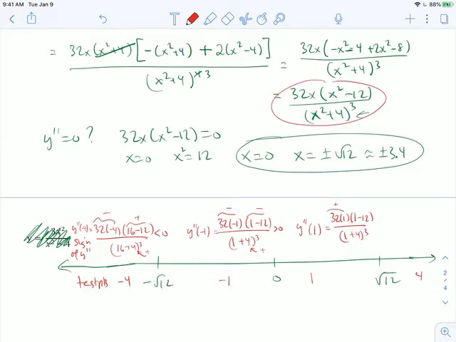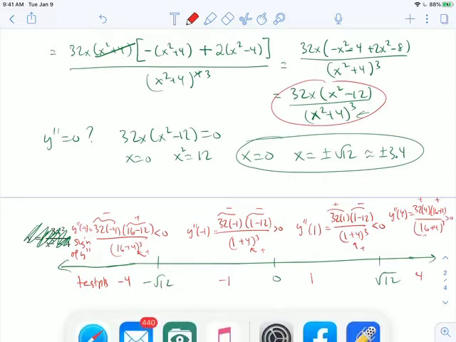I've got a positive times a negative over a positive, that's a negative. And then lastly, 32 times 4 times 16 minus 12 over 16 plus 4 cubed, positive, positive, positive everywhere, that's positive.